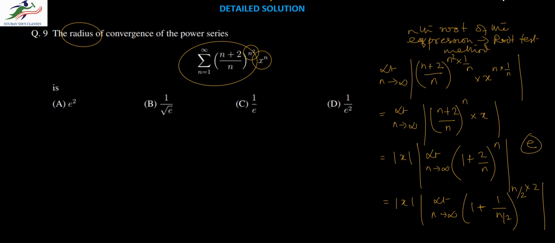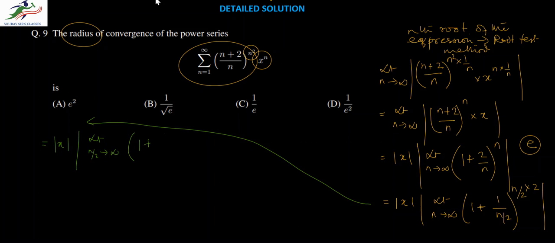Because I want to get the expression in the form of e. Now, how do I get e? We can write this expression in the form mod x mod of limit n by 2 tending towards infinity (1 plus 1 over n by 2) whole to the power n by 2 whole square.